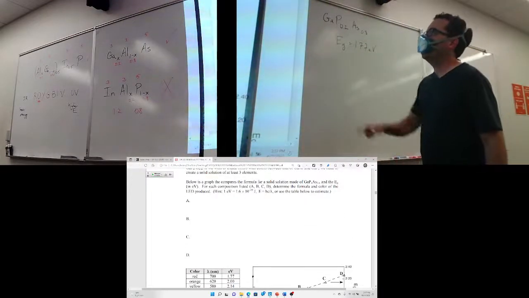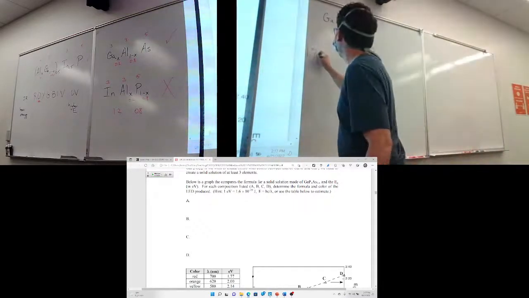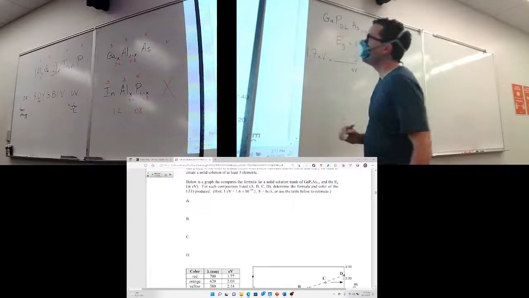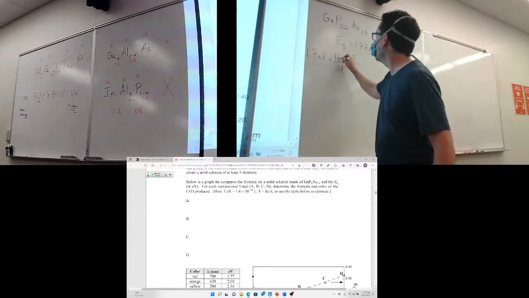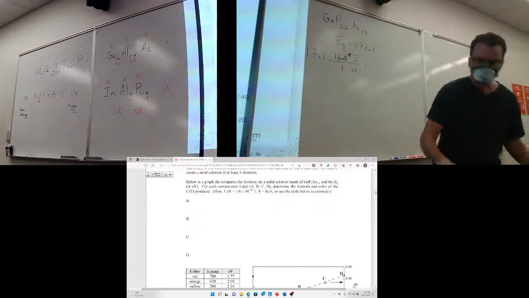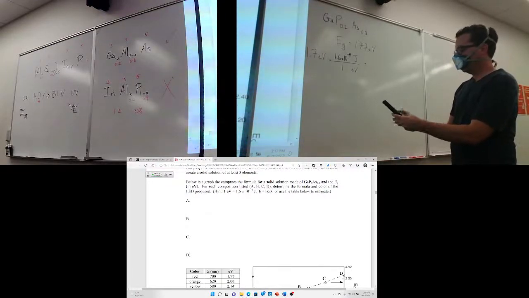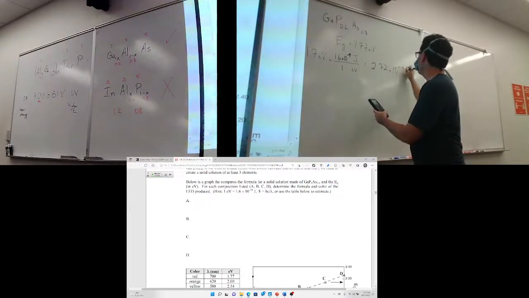We have our band gap, or electron volt, to joules conversion. So 1.7 electron volts. I need to convert this to joules. 1 electron volt is 1.6 times 10 to the minus 19 joules. So it's 2.72 times 10 to the minus 19 joules.